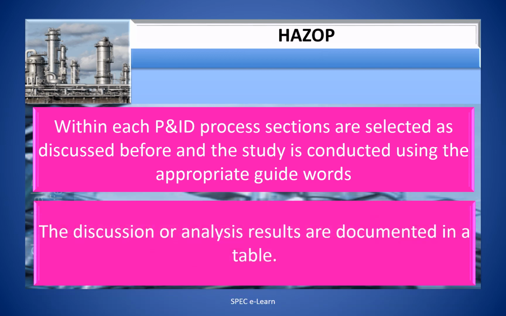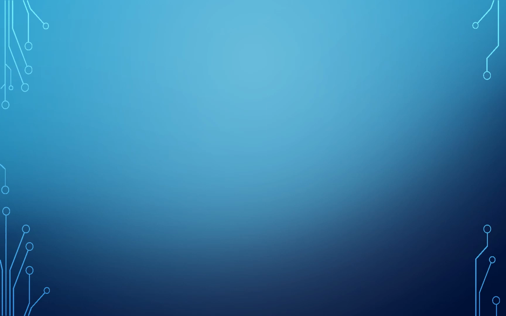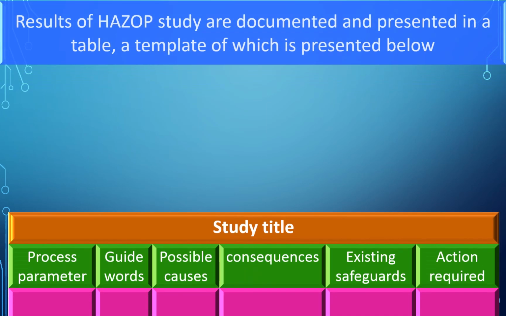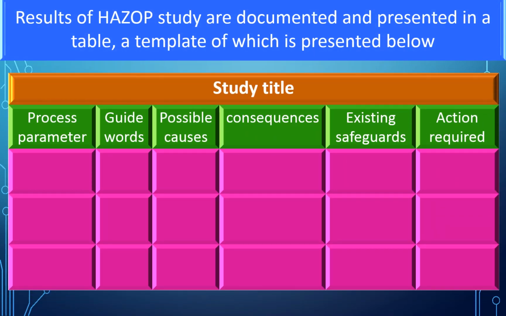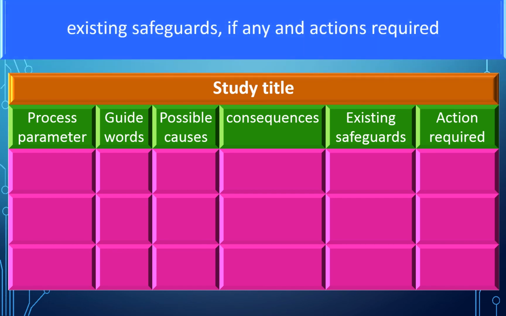The discussion or analysis results are documented in a table. The results of a HAZOP study are documented and presented in a table, a template of which is presented below. The table may contain process parameters, guide words used, possible causes for the deviation, existing safeguards if any, and actions required.